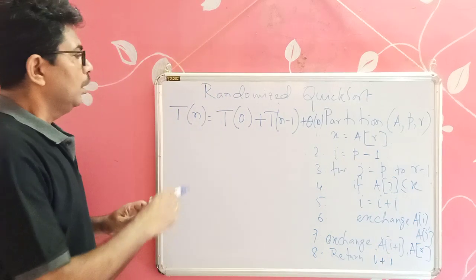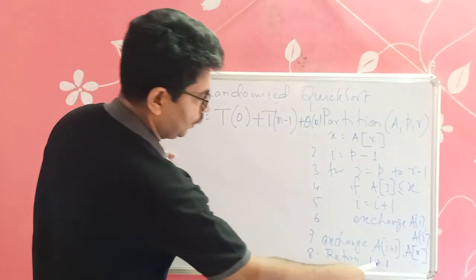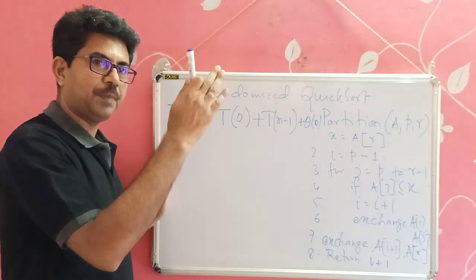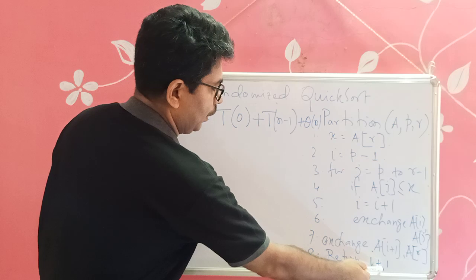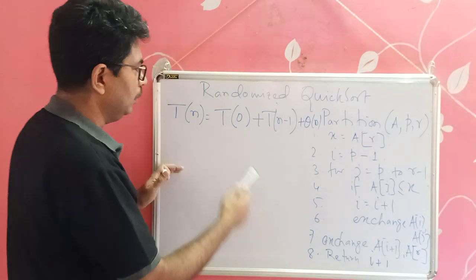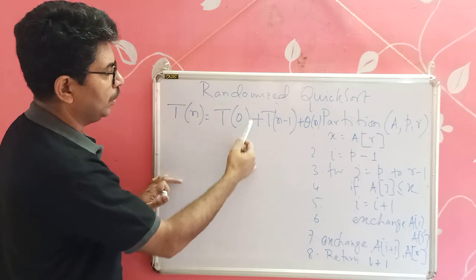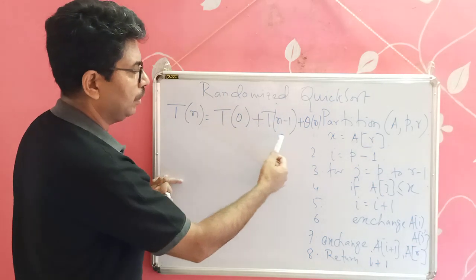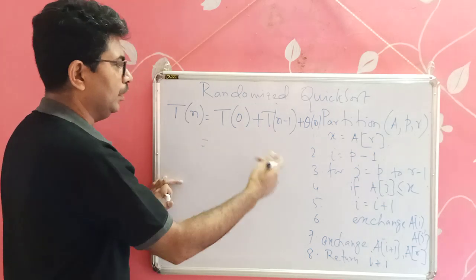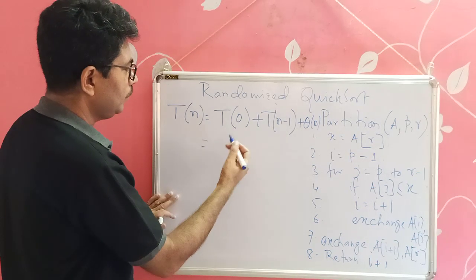If the pivot element is always the first element, then 1 or 2 or 3 will be returned. So that means the left partition will contain 0 elements and the right partition will contain n minus 1 elements. If we iterate this value, what will we get?